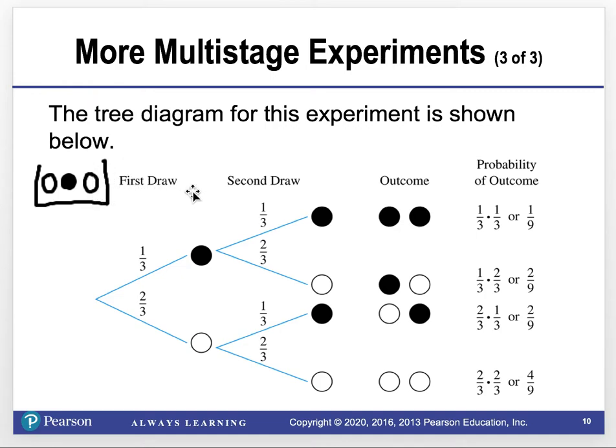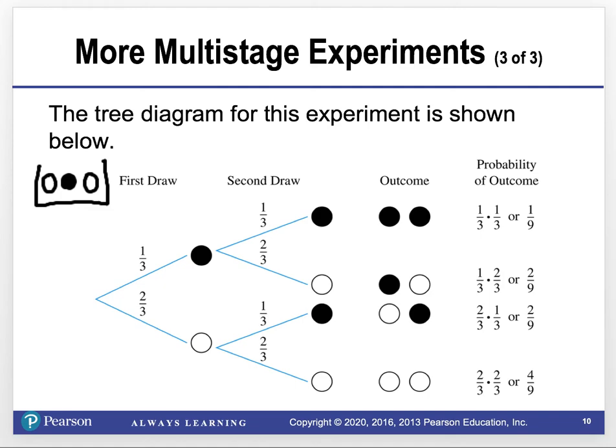But now I can figure out the probabilities for particular outcomes. What's the probability that you draw 2 black balls, that both of them were black? 1/3 times 1/3. That you drew a black ball and then a white ball? 1/3 times 2/3. A white ball and then a black ball? 2/3 times 1/3, and 2 white balls.